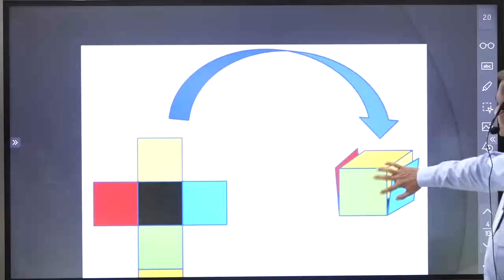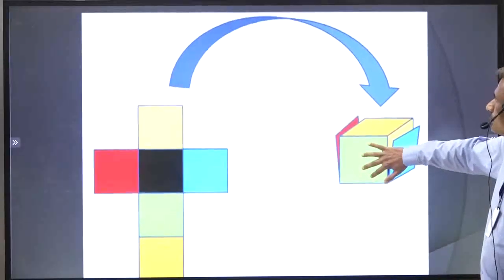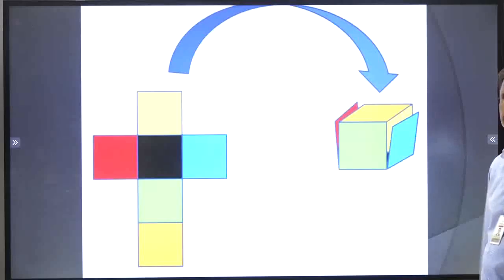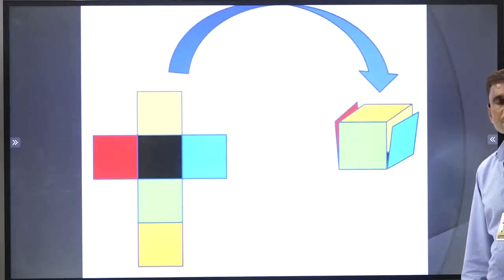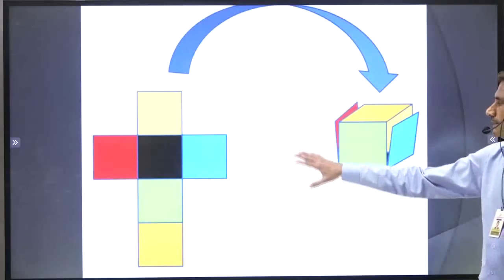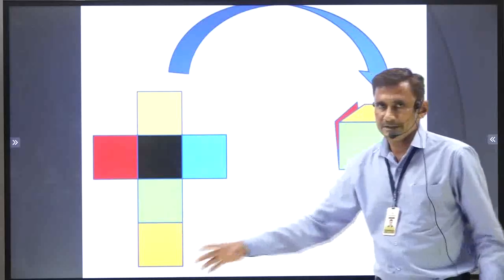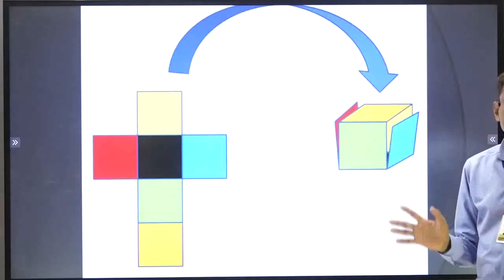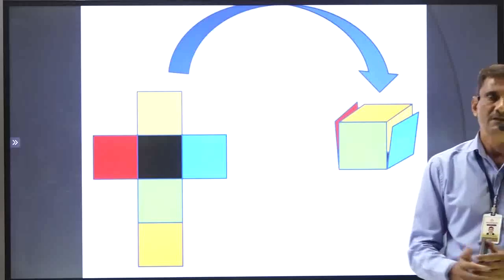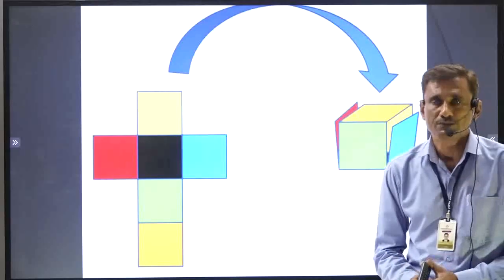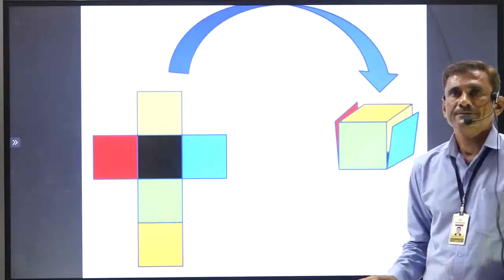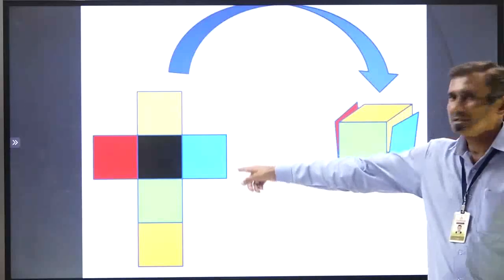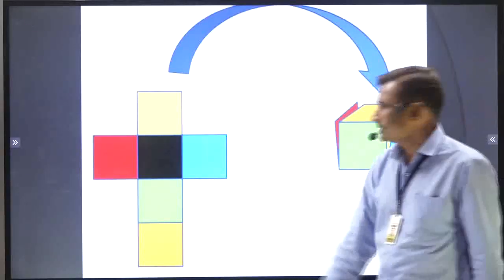Okay students, this is the net for a cube. You can see the net has 6 surfaces. Why? Because a cube has 6 surfaces. All 6 surfaces are equal, because in a cube all surfaces are squares.